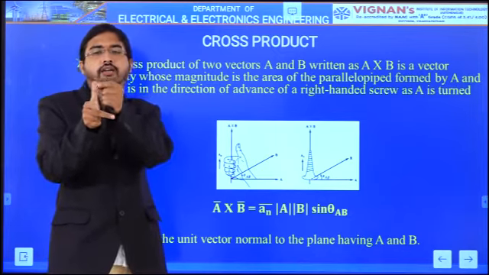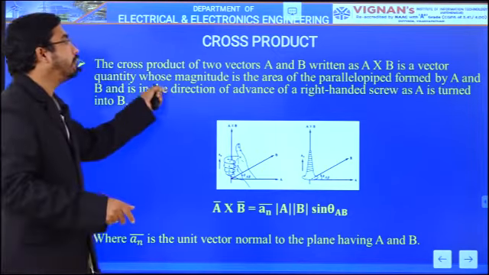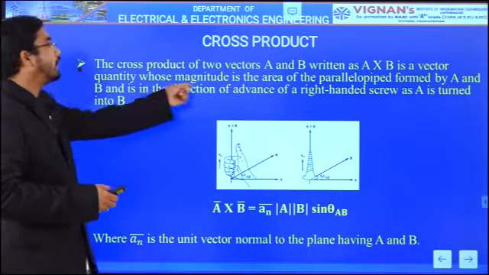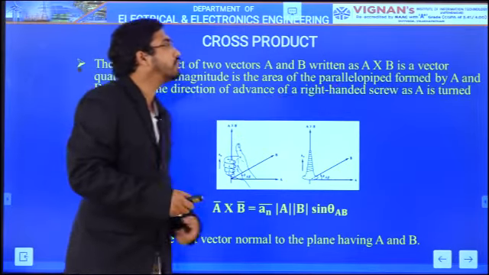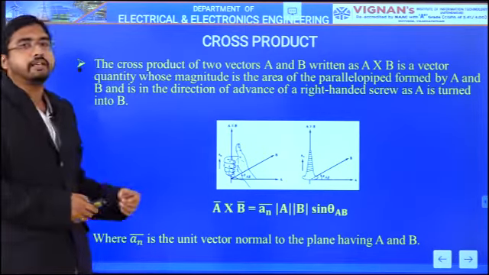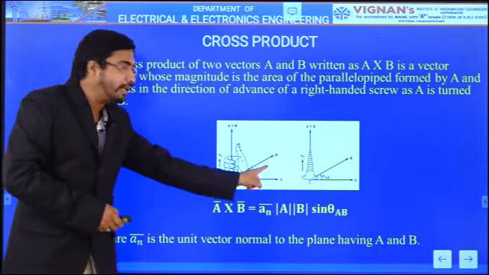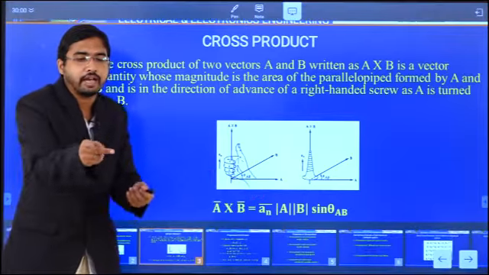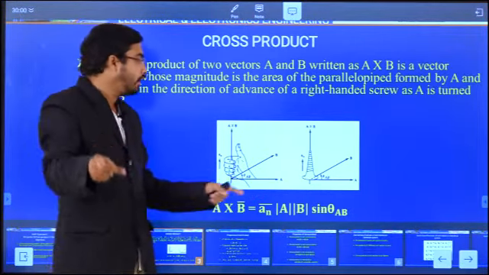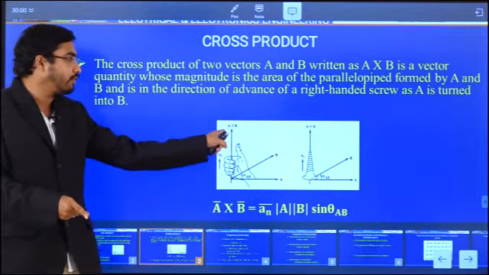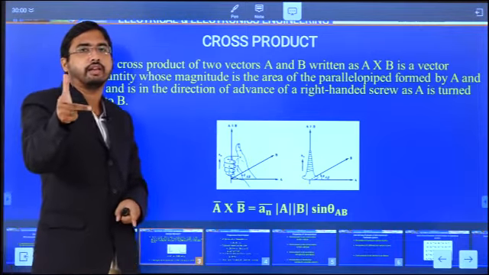This is the A bar cross B bar vector, and this can be given by the area of the parallelogram that is formed by A and B. See, we can observe here there are two vectors A and B in the xy plane. That means they are kept like this in the xy plane. Now, A bar cross B bar is the vector which is given in the perpendicular direction.